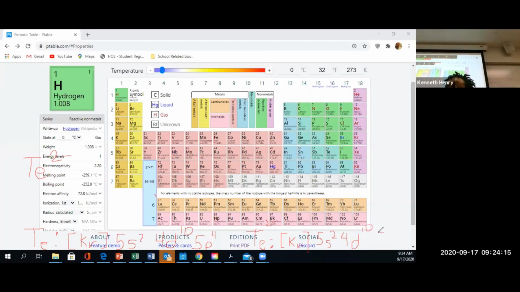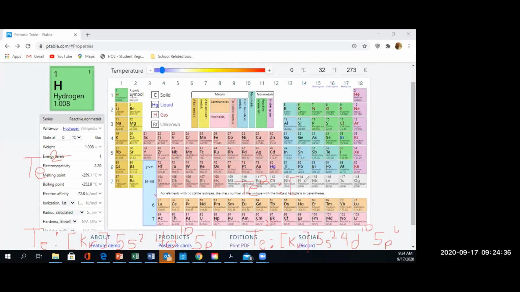Or I could write it simply as Te 2-, colon, bracket, xenon.